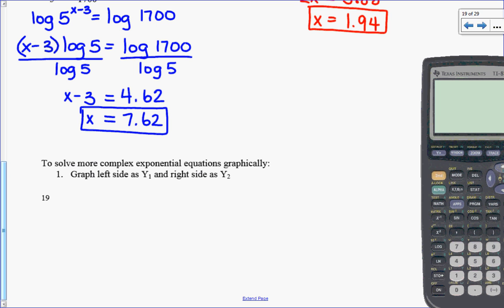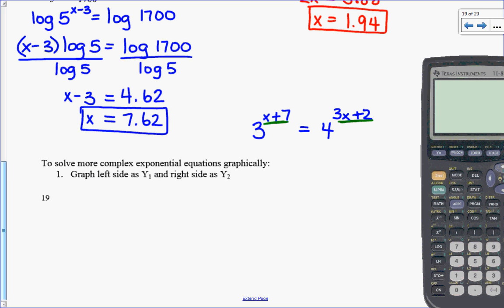I'm not sure why mine didn't transfer properly to the smartboard, but we're going to learn about a complex exponential equation, an equation like this where you have 3 to the x plus 7 equals 4 to the 3x plus 2, something like that, where again you can't make common bases, but you actually have binomial exponents on both sides, on the left side and the right side of your equation.